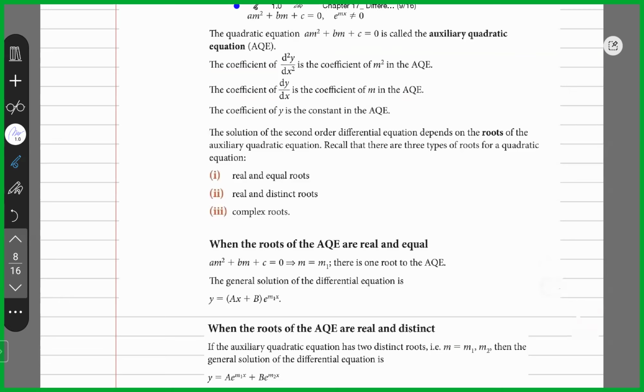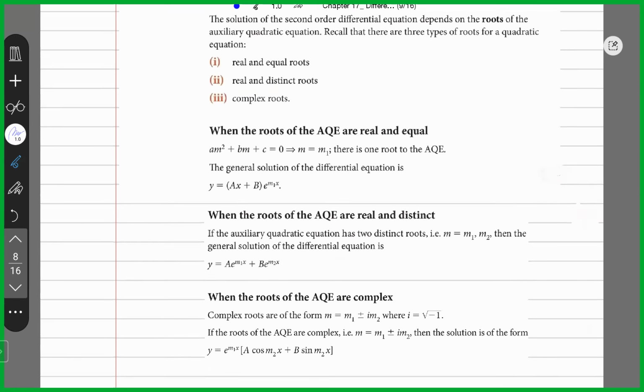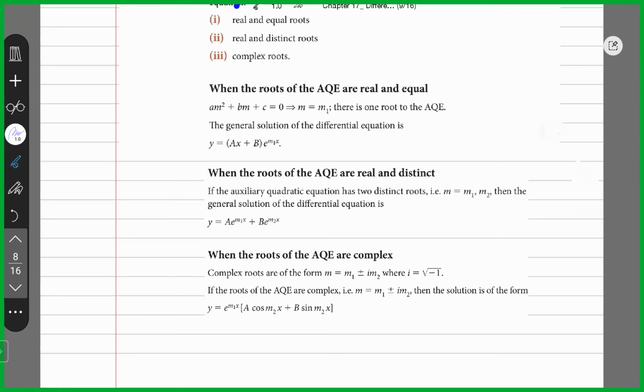Recall that there are three types of roots for a quadratic equation. The roots could be real and equal, the roots could be real and distinct, and the roots could be complex. These are the three possible outcomes.